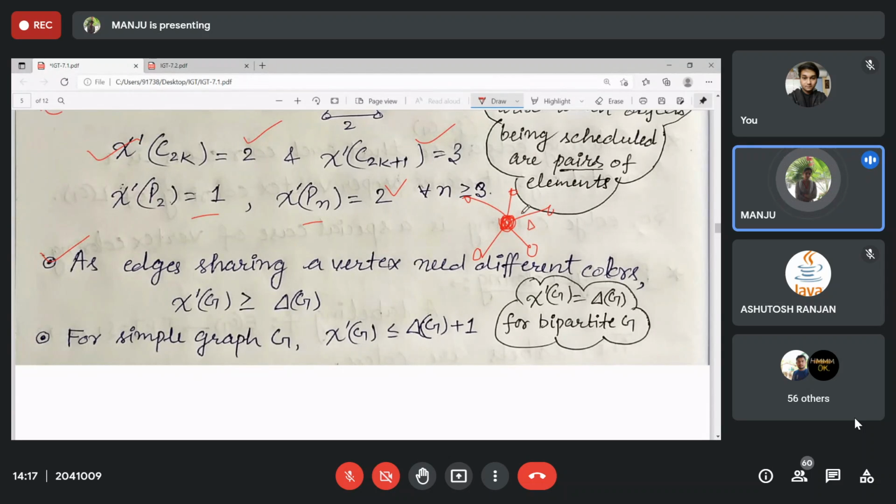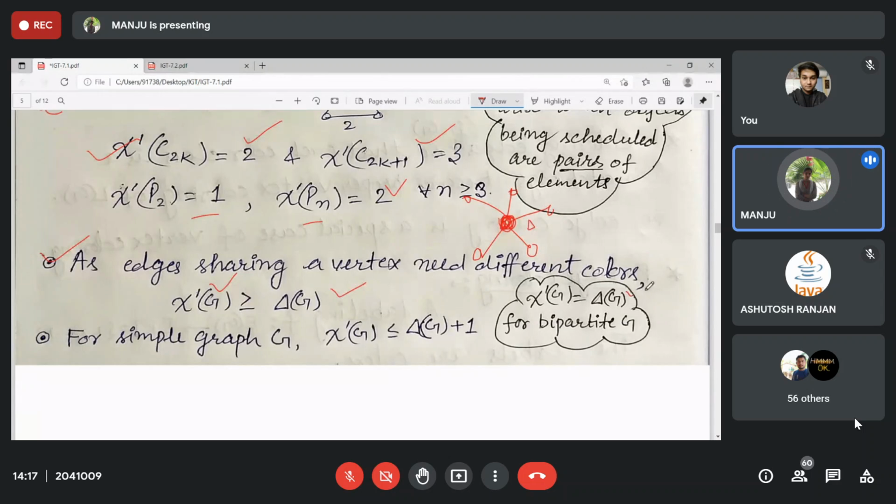All these delta number of edges are adjacent, so they need different colors. That's why we need at least delta number of colors. That's why the chromatic index needs to be at least delta. Clear? And this holds for any graph.